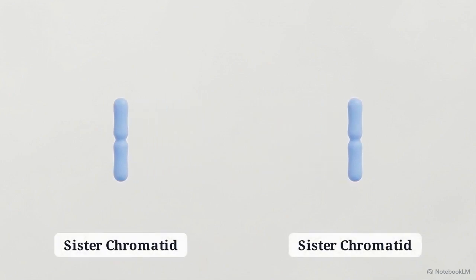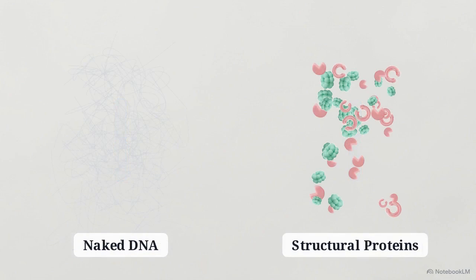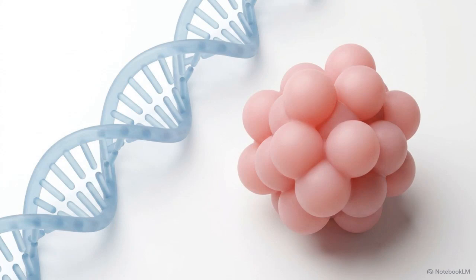As we split this chromosome apart, you can see it is not made of naked DNA alone. Instead, the cell utilizes specialized structural proteins to act as the framework for the entire molecule. This is the baseline chemical composition required for the WBCHSE exam.